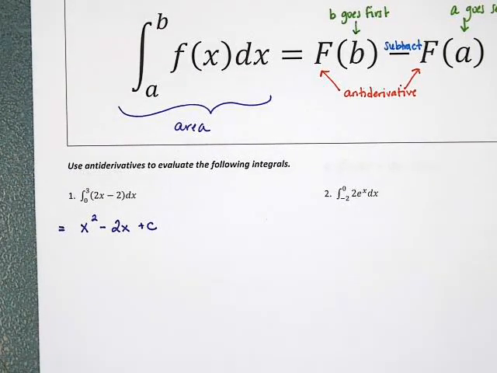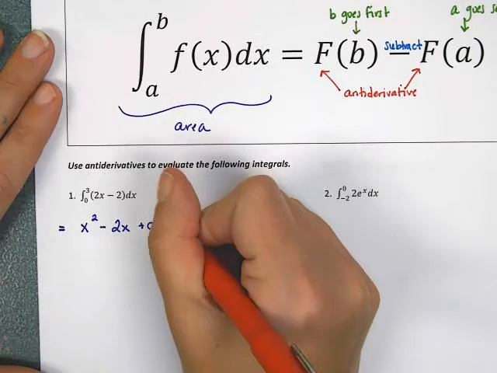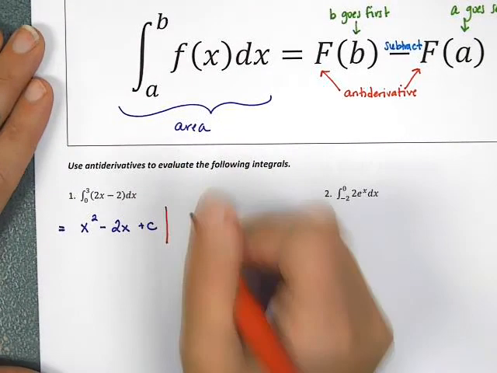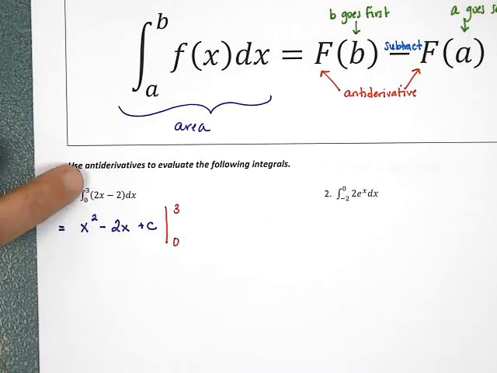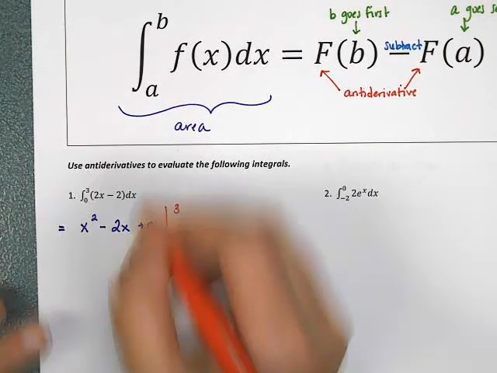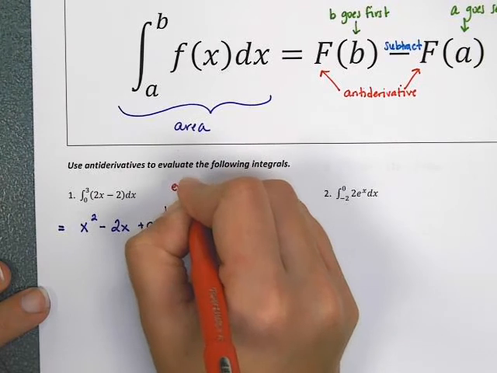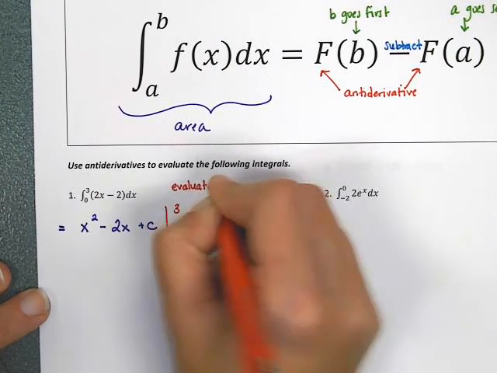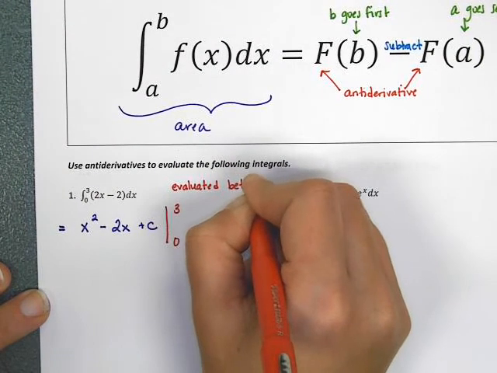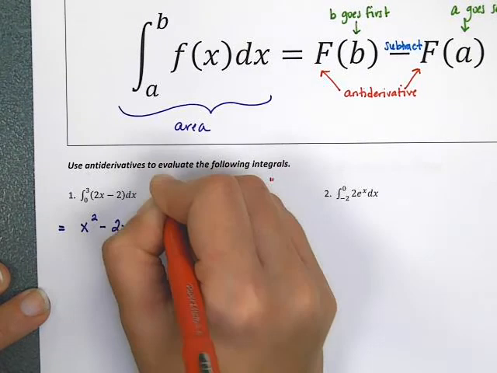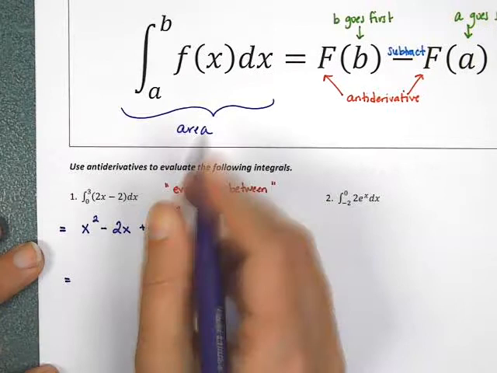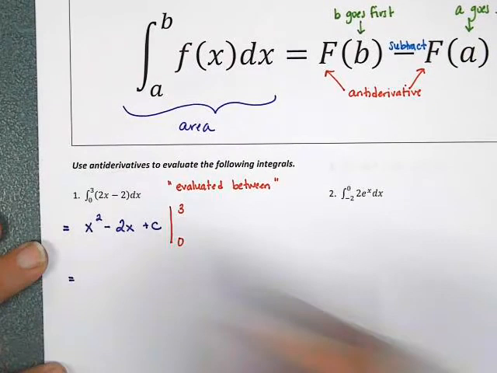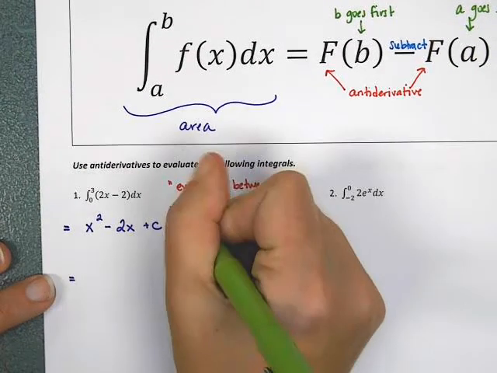Then the notation looks like this. We draw a big vertical line, and we put the 0 at the bottom and the 3 at the top, the same bounds you had here. And this line means evaluated between. Next, we plug in the 3 for all of the x's. So, first I'm going to plug in the 3.